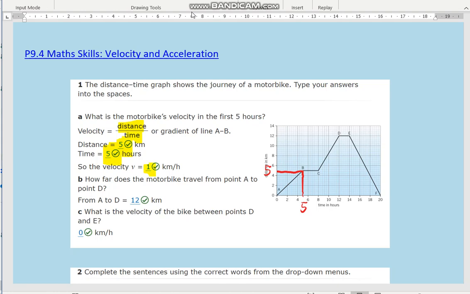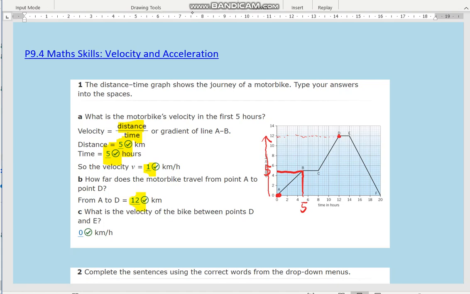How far does the motorbike travel from point A to point D? So here is point A, here is point D. We can see by going across from point D that from 0 up to 12 on the axis, it's gone 12 kilometres.